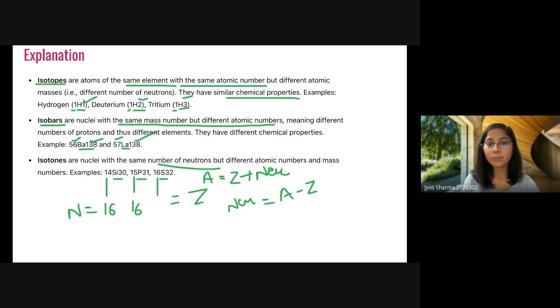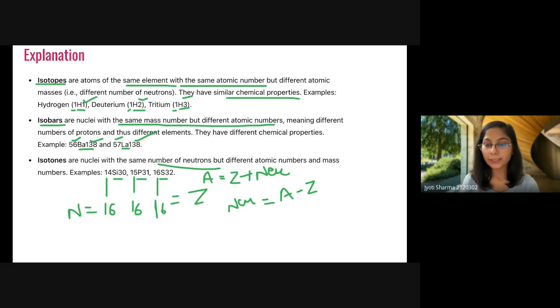And 32 minus 16, this is also giving me 16. So this is how, if we have same number of neutrons but different atomic number, these are known as isotones, right?